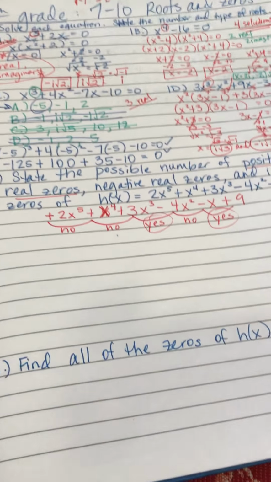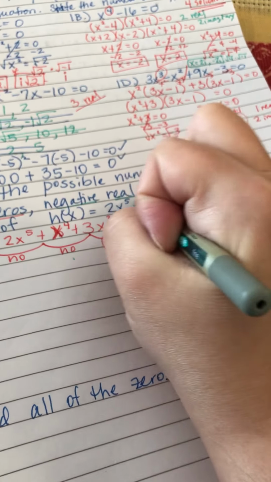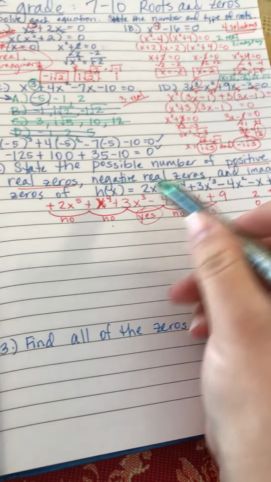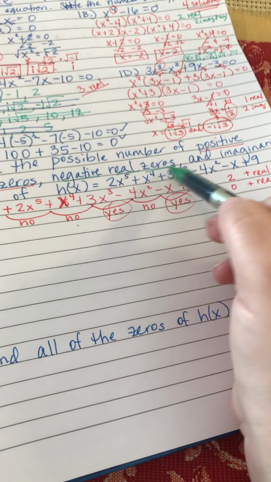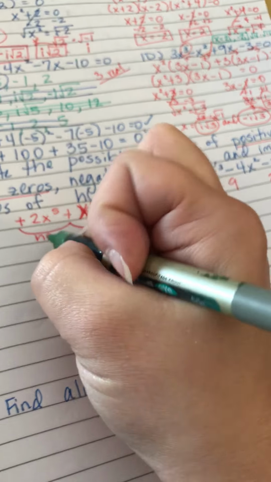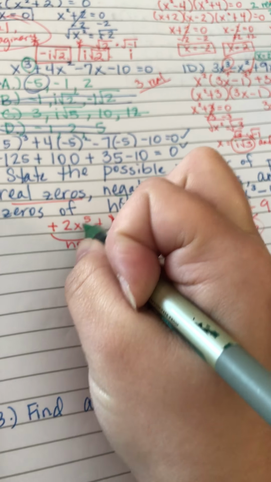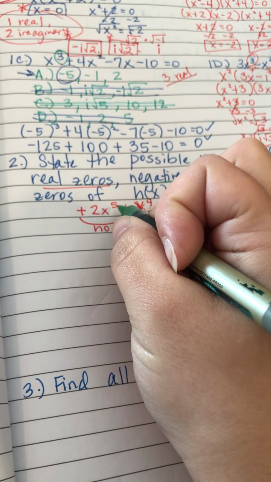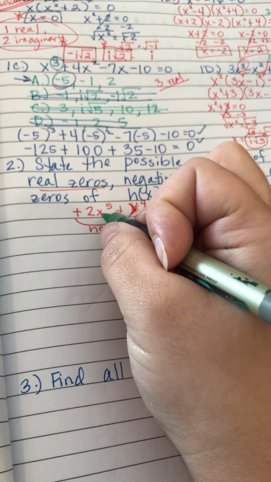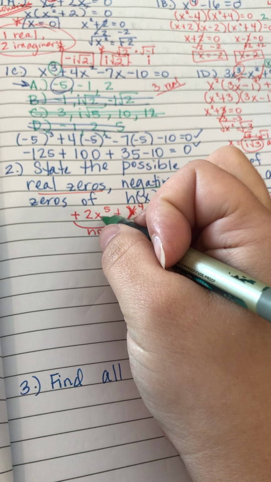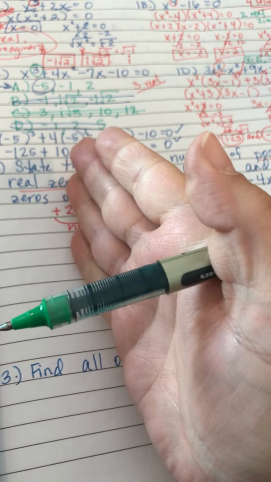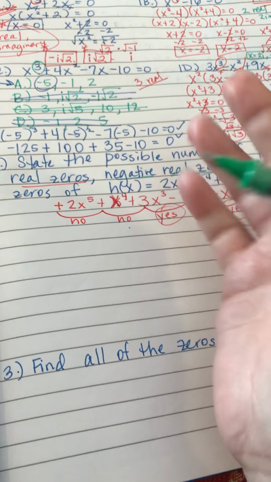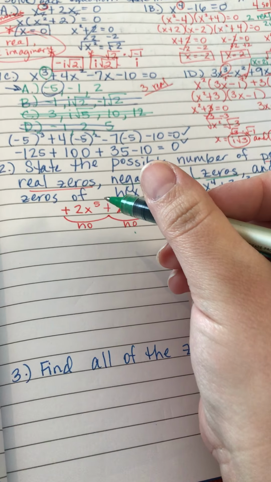Okay, to find the negative real zeros, we would take the negative of the x's. So for example, this one is x to the 5th power. So if I were to put a positive 1 here, it would stay positive because to the 5th power would be 1 times 1 times 1 times 1 times 1, 5 times, which would give me a positive still.